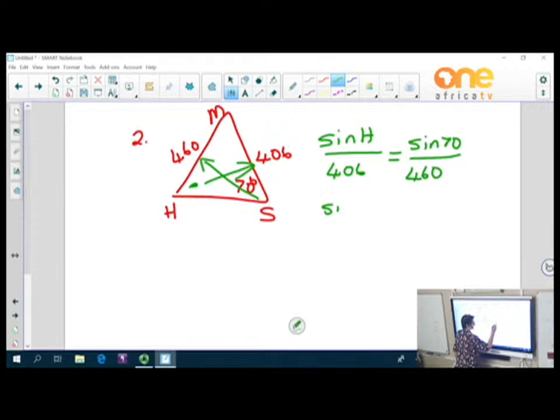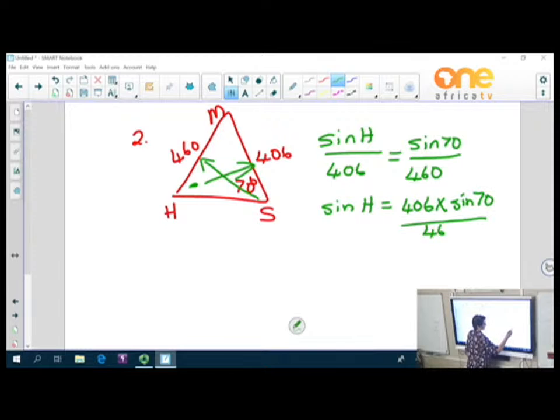So sine H is equal to 406 times sine 70 divide by 460. Second function sine, and we can calculate H then there, 56.0 degrees. Right, grade 11s, that is then the sine rule.